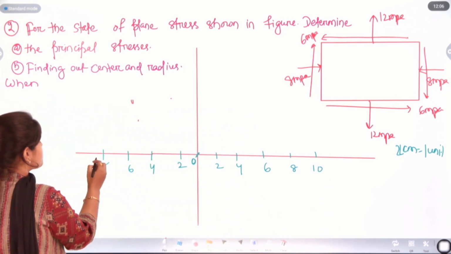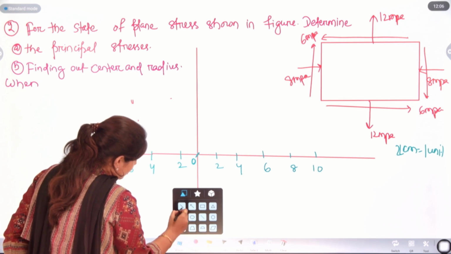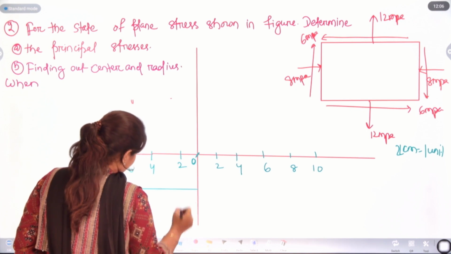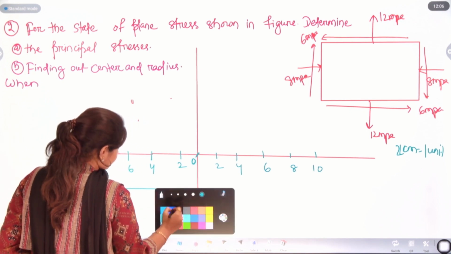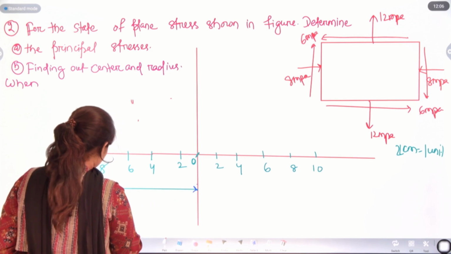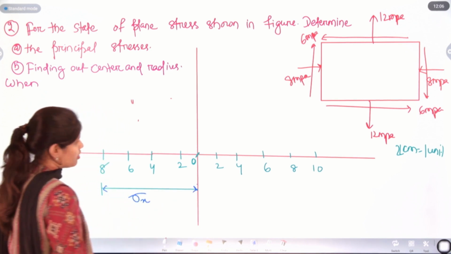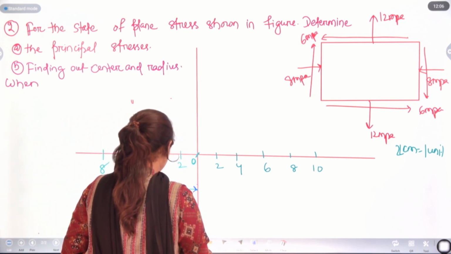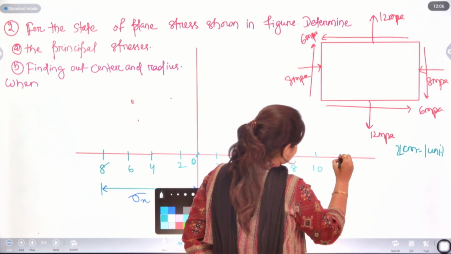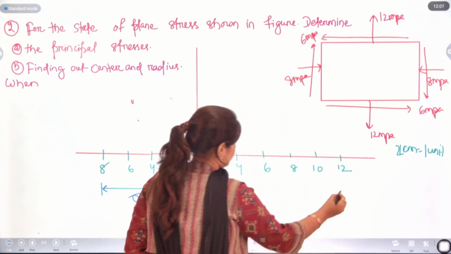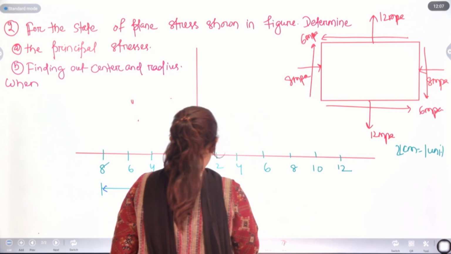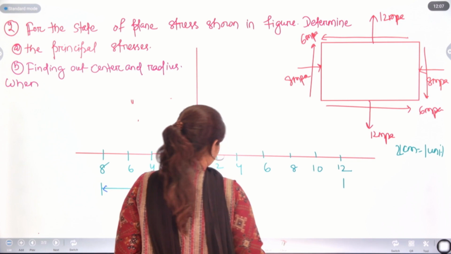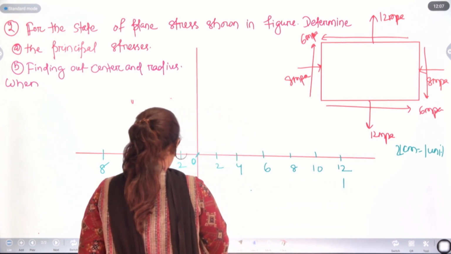We are having compressive stress in which direction? In this side. So here we have sigma x, and sigma y is 12 megapascal. 10, 12.